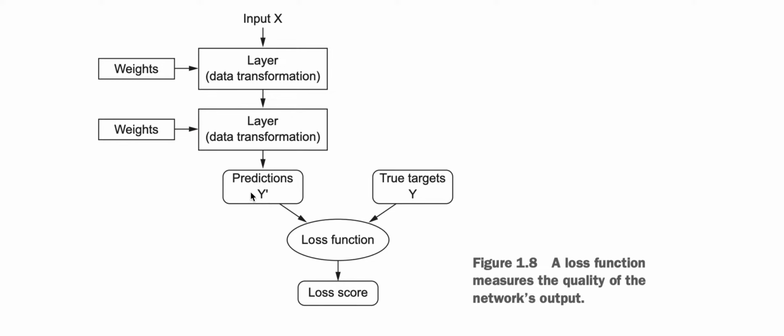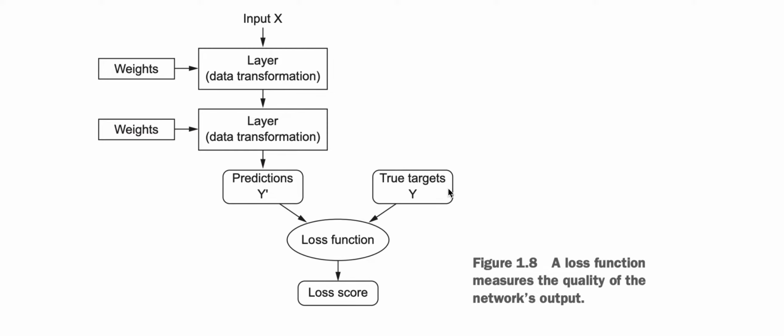So you have the predictions. Every neural network, whenever you're training it, also has a loss function, something we are very familiar with, or objective function, and then we would like to adjust these weights so that the predictions are as close as possible to the true targets.